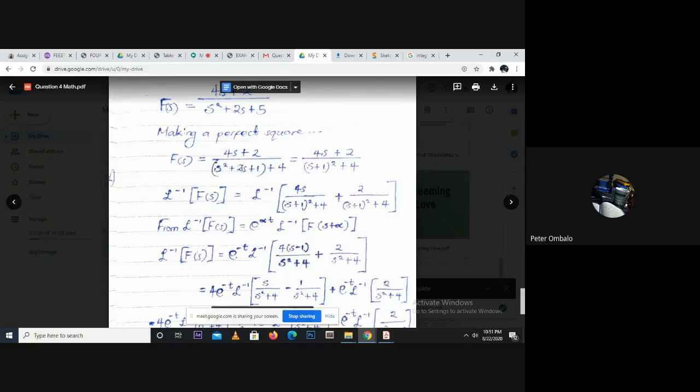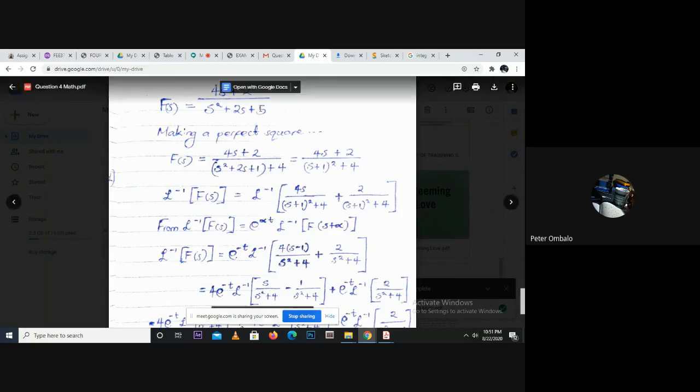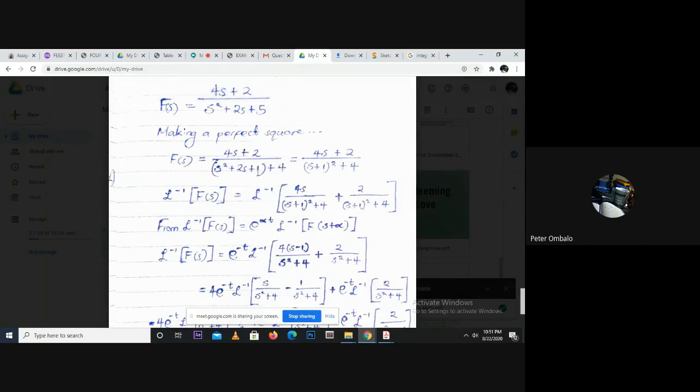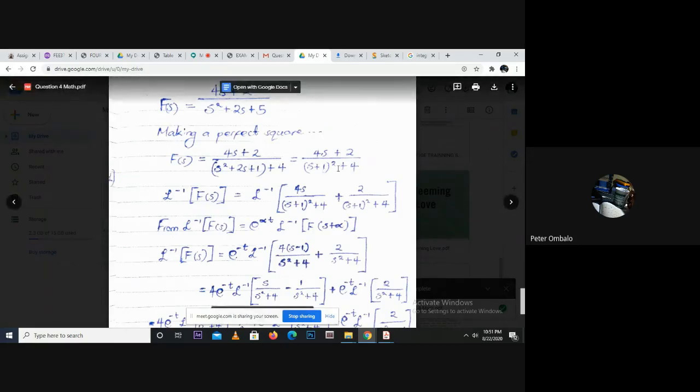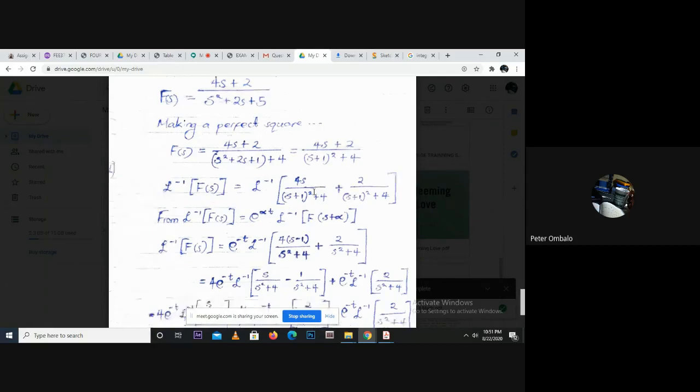So b over 2 here is 2 over 2 squared, which gives us a 1. But since we've pulled a 1 from this 5, now we just add a 4. So the numerator remains the same, but now we can express this part as a perfect square: s plus 1 squared plus 4.